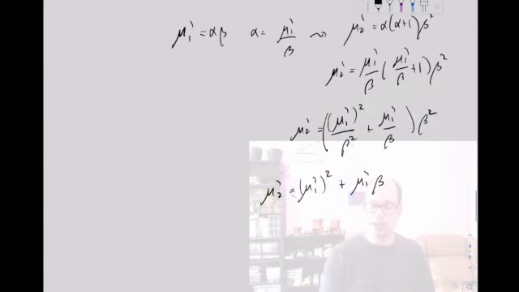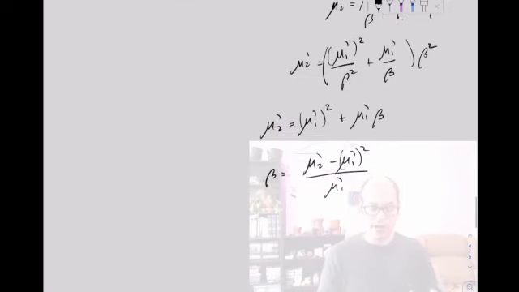And that tells me how to solve for beta. So beta is equal to mu2 prime minus mu1 prime squared, divided by mu1 prime. Okay, that gives me a solution for beta.